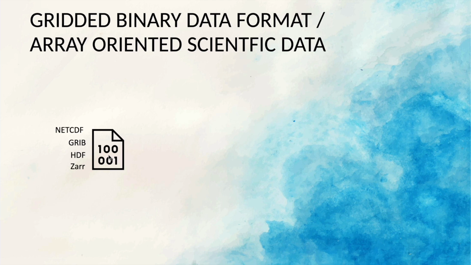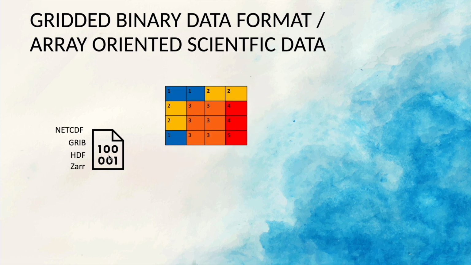I will explain as simply as possible. Like I said, it contains arrays, specifically scientific arrays. So what is a scientific array? Here we have a 4 by 4 array, and it has two dimensions or two axes, vertical and horizontal, x and y. Every cell has a value, and every cell also has an index. So what is an index?